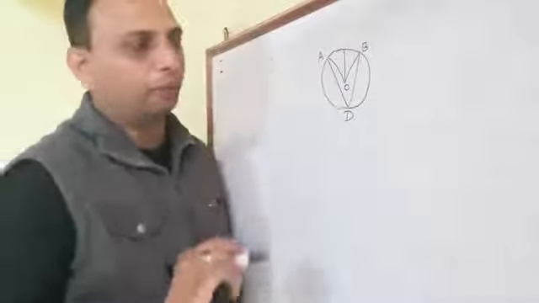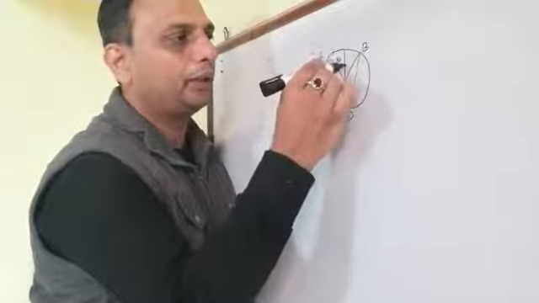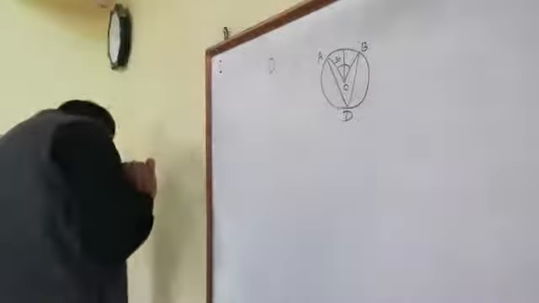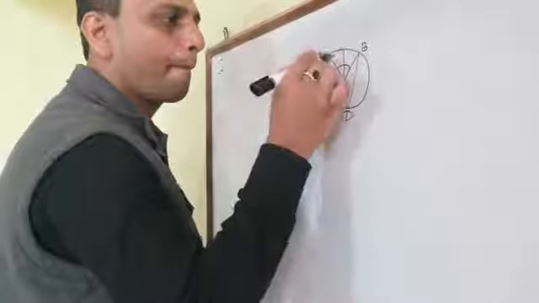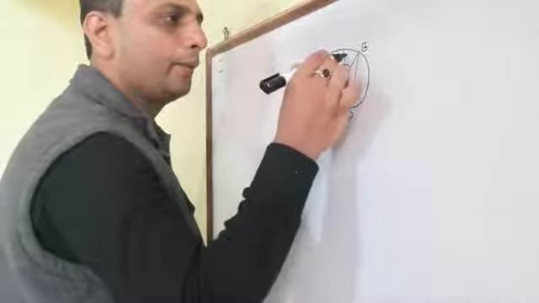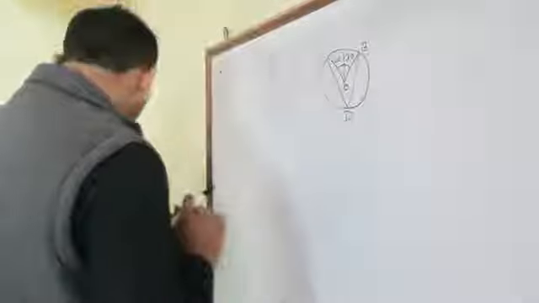This is the figure given in the book, and this angle is how much? 30 degrees. This angle, how much is it given? This is given 60 degrees, and this is given 30 degrees, and we have to find the value of ADB.